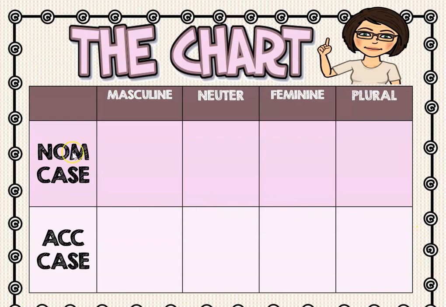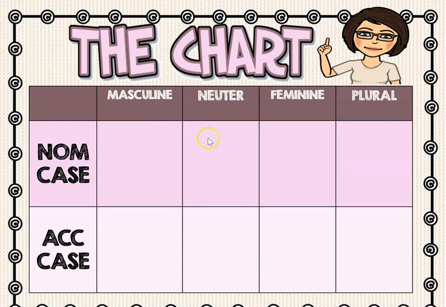Here's why. So, the nominative case, remember, is subject. And this is what we already know. We've been working with this the whole time. We just haven't had this fancy label of nominative case. So think about it this way. There are 4 nouns in the world.